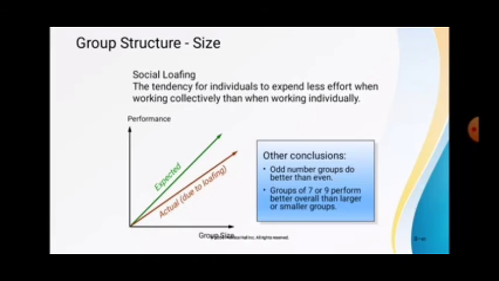So you can see in the PowerPoint that groups of 7 or 9 tend to be an ideal size because they're still nimble like a smaller group, but they make solid decisions like a larger group does.